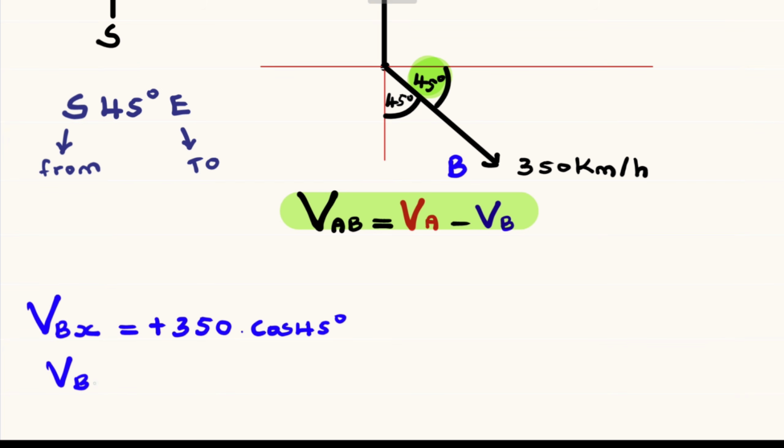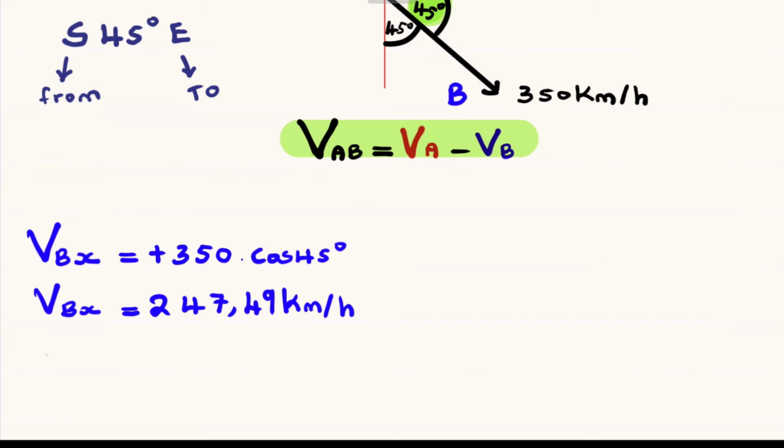So the velocity of B, the horizontal component, will be equal to 247.49 kilometers per hour.